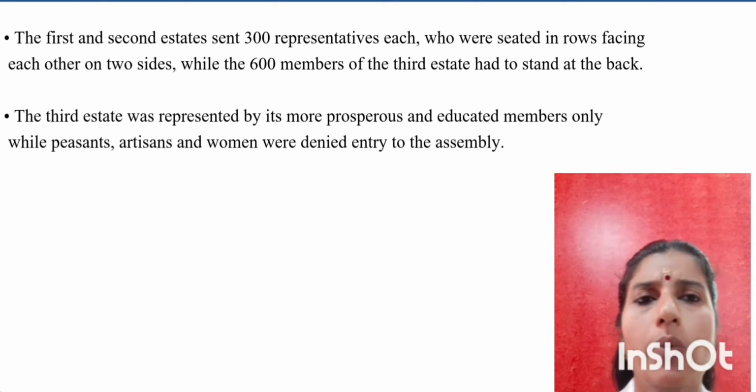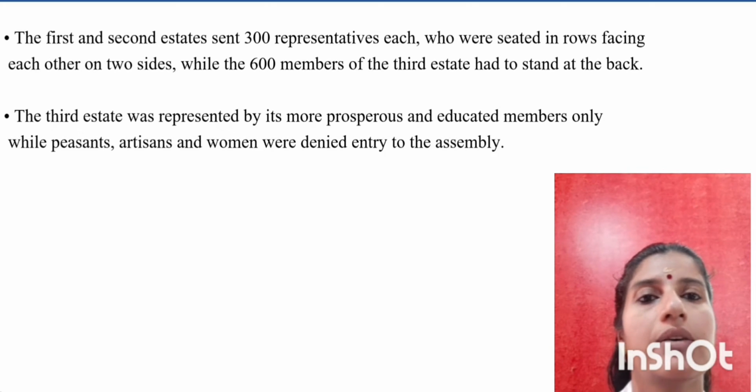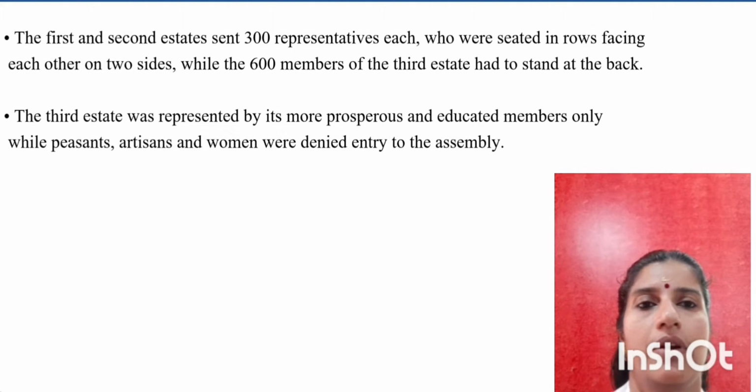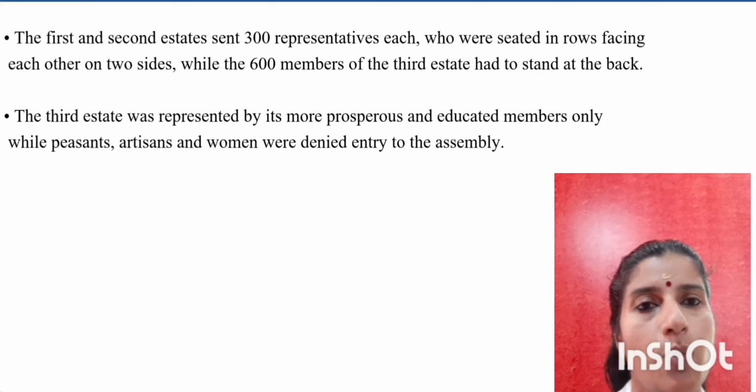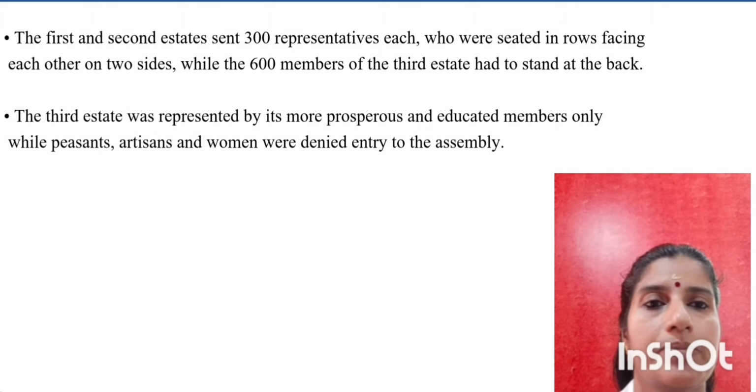Now, where was the meeting held? It was held in the Hall of Versailles. Then, how many members were there? 300 representatives were there from the first estate. 300 representatives were there from the second estate. And 600 representatives were there from the third estate.